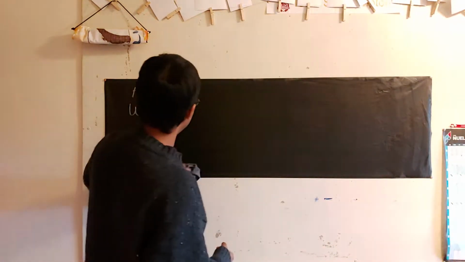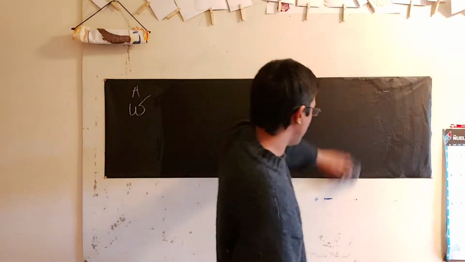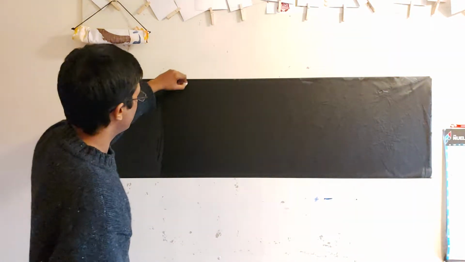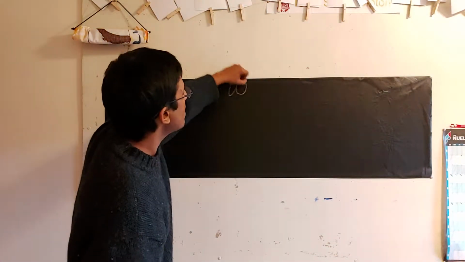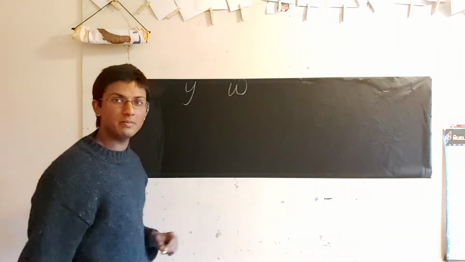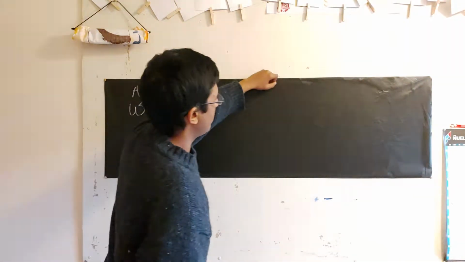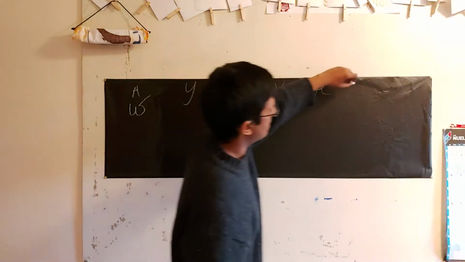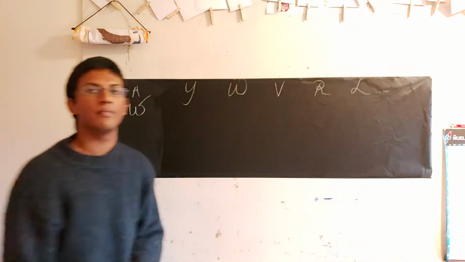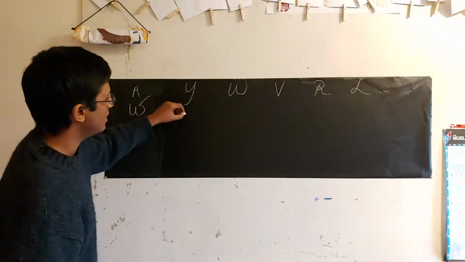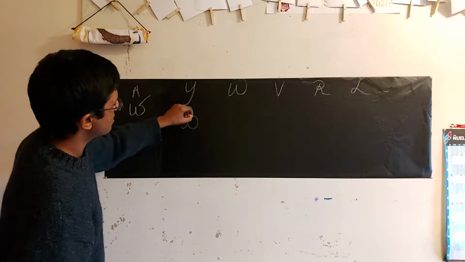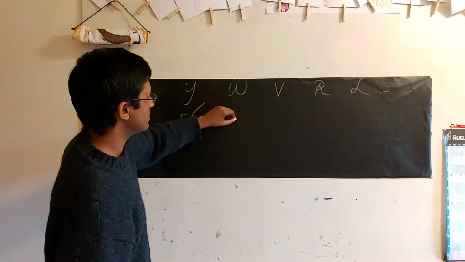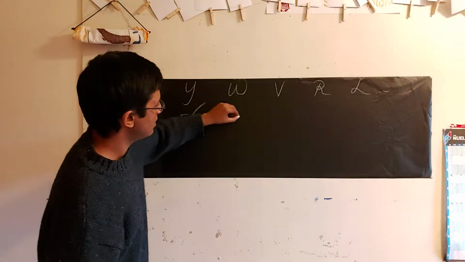We're going to be going through the final 5 now. The final 5 we have are Y, W, which looks like ow in Darusian, V, R, and L. So when we want to write Y, Y is written inwards.